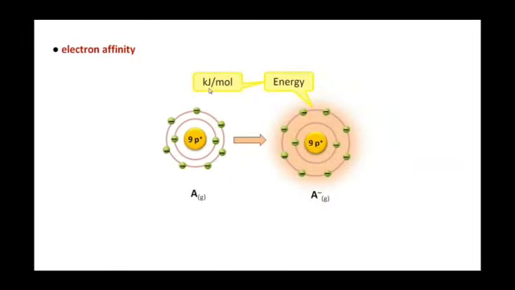So, electron affinity is the amount of energy lost by an atom when an electron is added to a neutral atom to form an anion. And electron affinity is measured in kilojoule per mole.